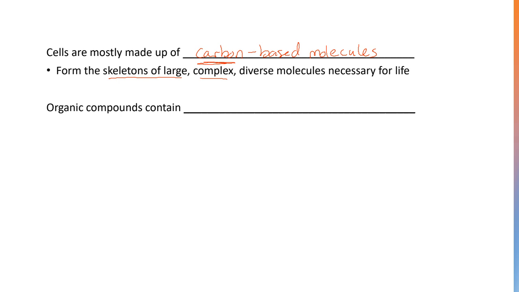So whenever you hear organic, that's organic compounds, organic molecules, these are compounds that contain carbon and also a lot of hydrogen. But definitely carbon is going to be the base atom.